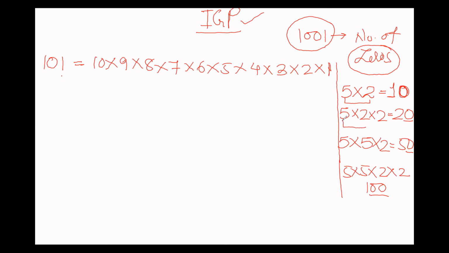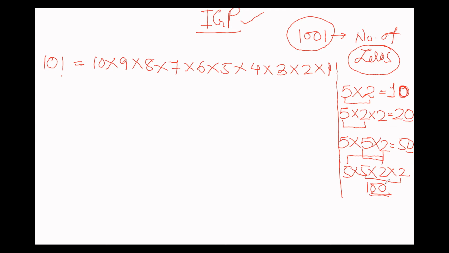One pair of 5 and 2 gives me one 0. But as soon as I have two pairs of 5 and 2, I get 2 zeros. So to generate a 0, you should have a minimum of one pair of 5 and 2. Whatever number of pairs of 5 and 2 you can generate, that should be the number of zeros at the end of that product.